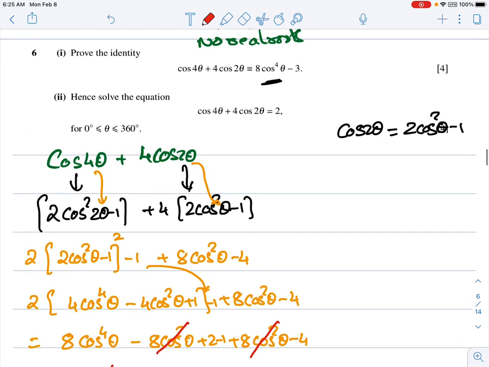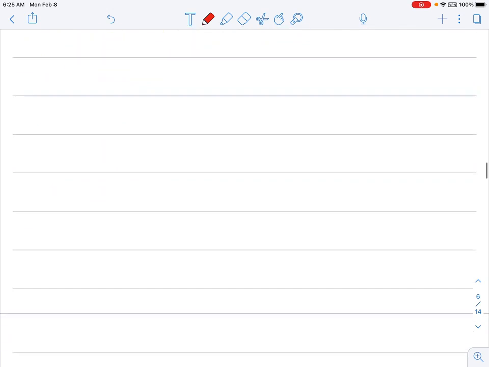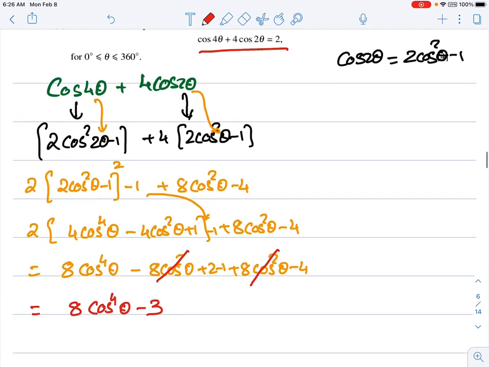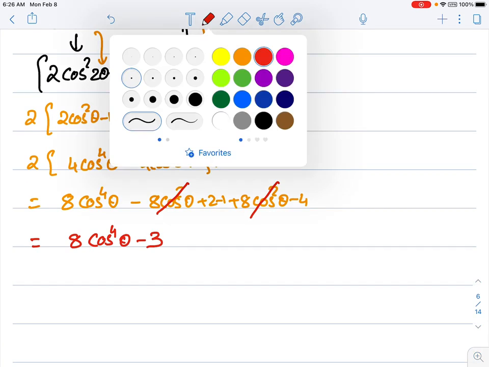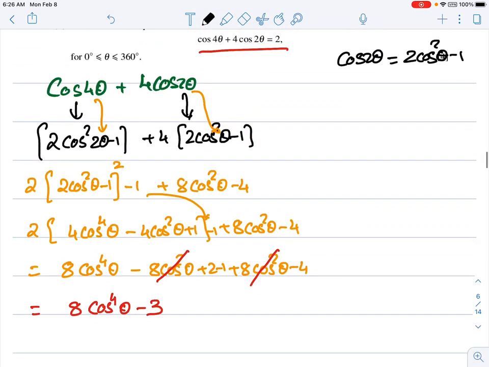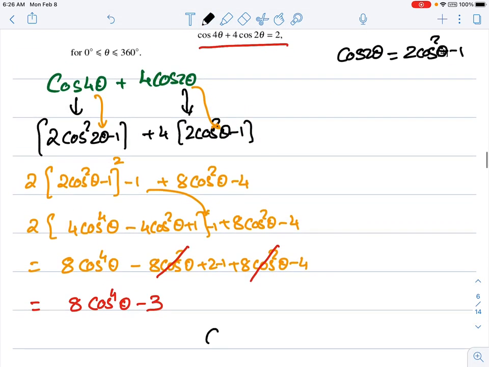Now solve this equation between 0 to 360. What is that equation? Let me write that one. The equation was cos 4 theta plus 4 cos 2 theta is equal to 2.